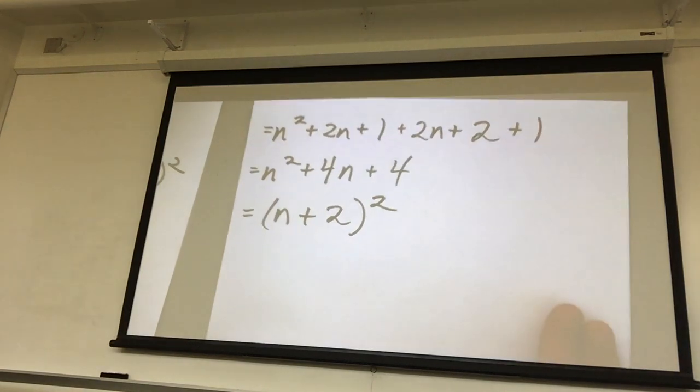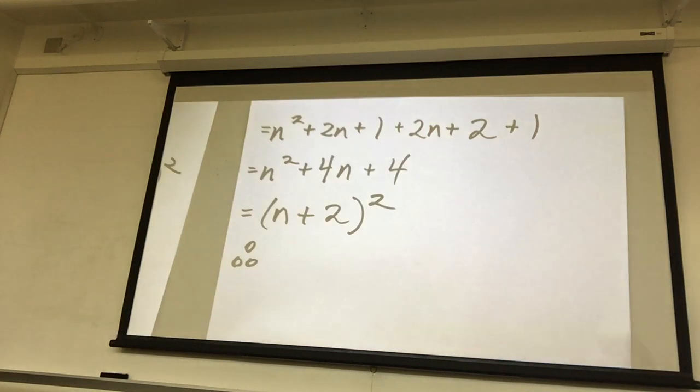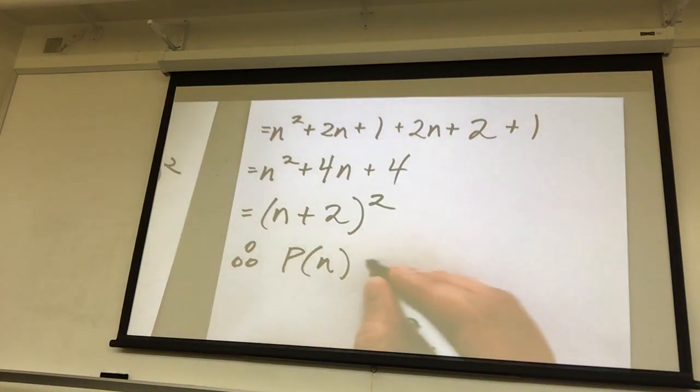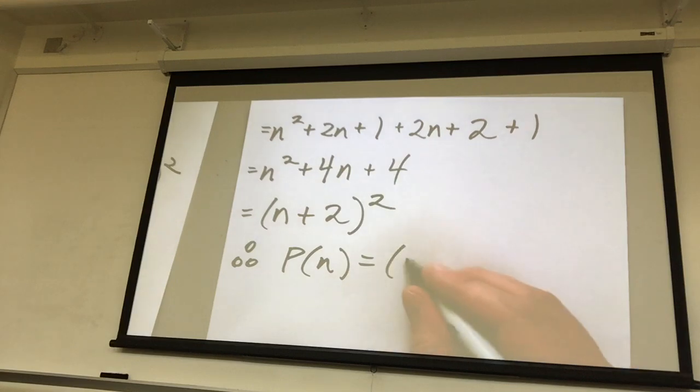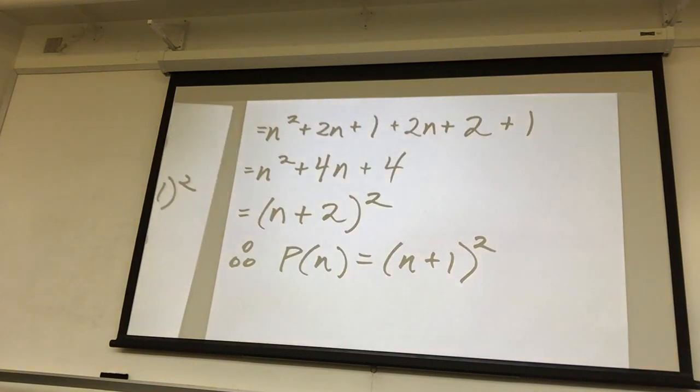So through induction, we can say, therefore, the summing of the odd numbers ends up being n plus 1 squared.